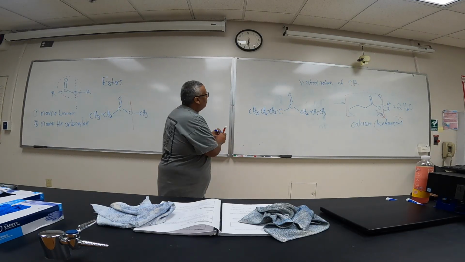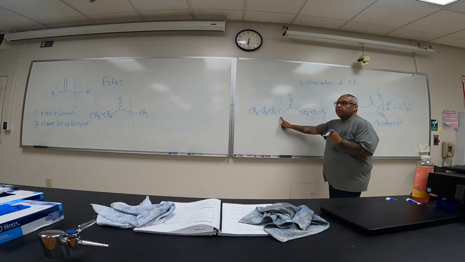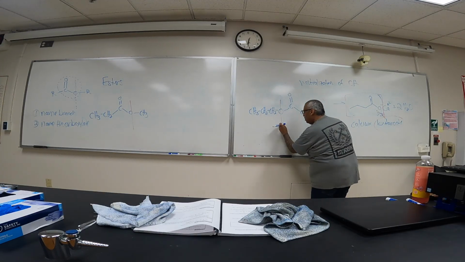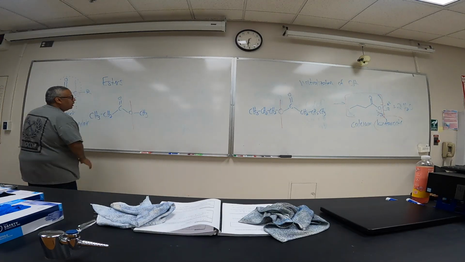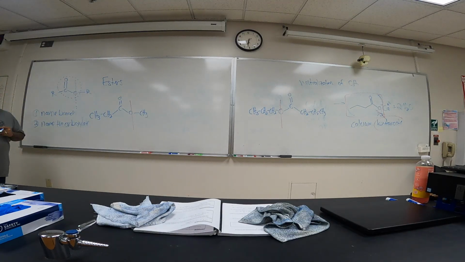We name each one of these here. Again, we split it at the oxygen. So if I'm looking at this structure, am I going to name the left half first or the right half first? We name the branch, and then we name the carboxylate.